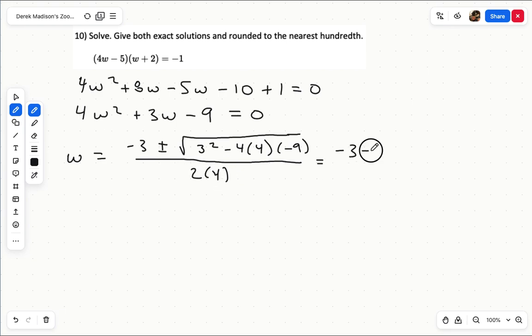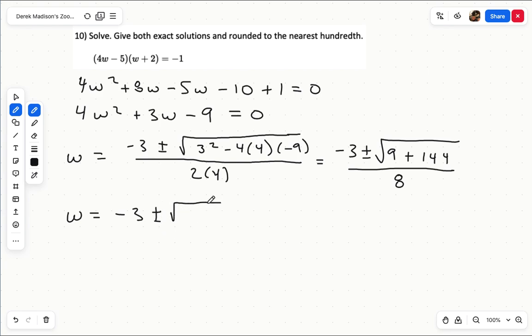So that would be negative 3 plus or minus the square root of 9, 16 times 9 is 144, and double negative makes positive, all over 8.